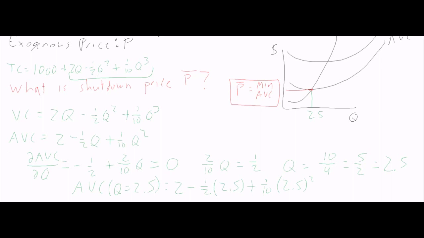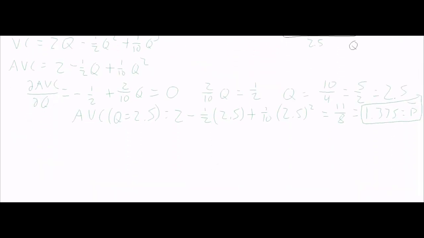And if you do a little bit of arithmetic, when the dust settles, you're going to get 11/8 or 1.375. That is P bar. So nice and simple if you already know the power rule.